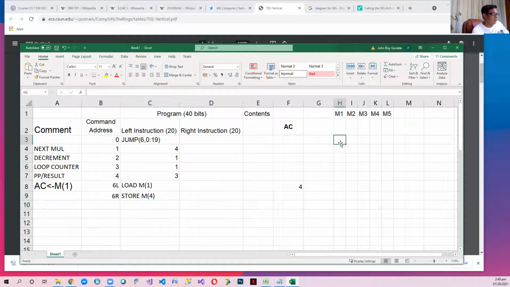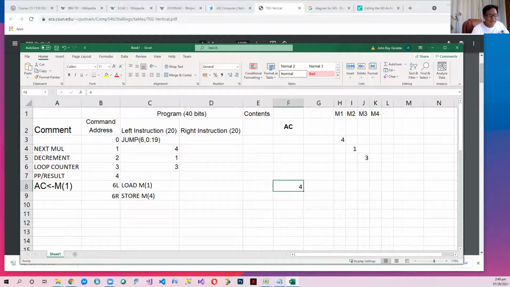Let's put the values here. We'll have 4. Loop counter is 3. Okay. And this is our partial product. Okay. This M2 is 1, M3 is 3, and M4 is vacant. So we may not need an M5. Okay. Store M4.